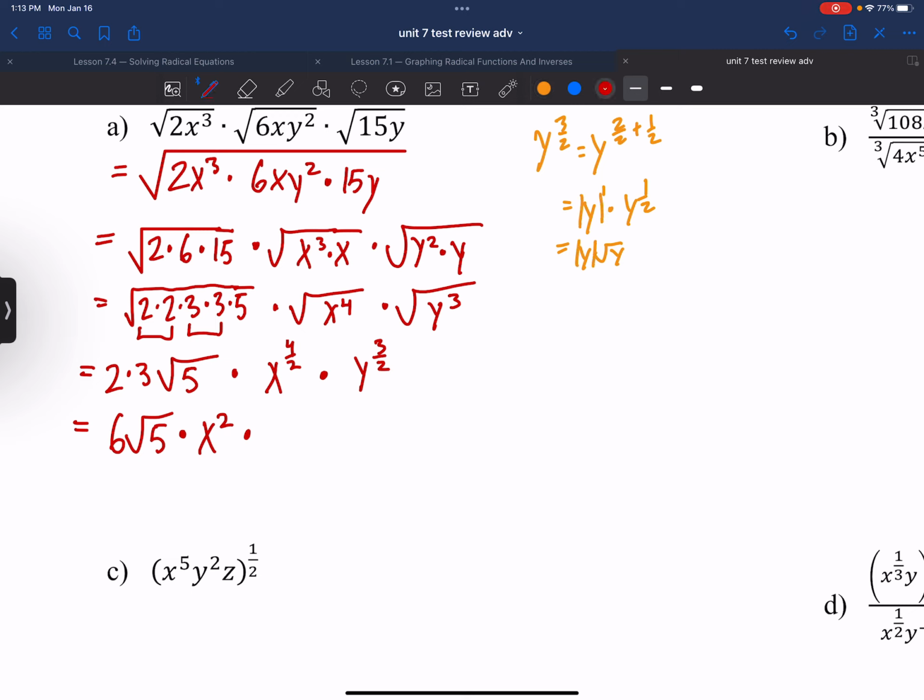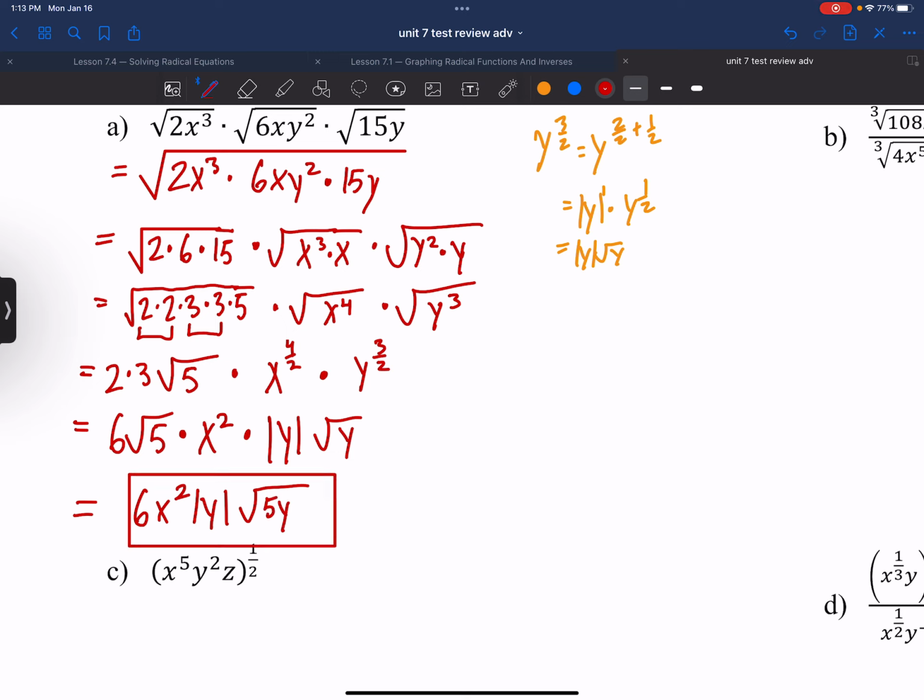So this is really y, absolute value y, root y. And this finalizes it: put everything underneath the square root together and leave everything on the outside together. So 6x squared times the absolute value of y, times the square root of 5y. That is our result.